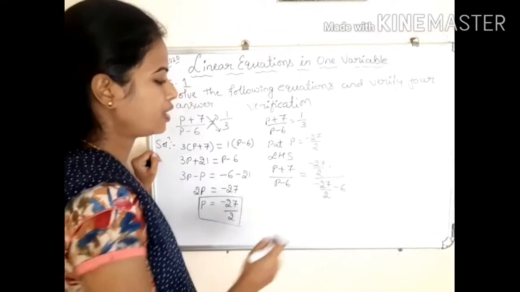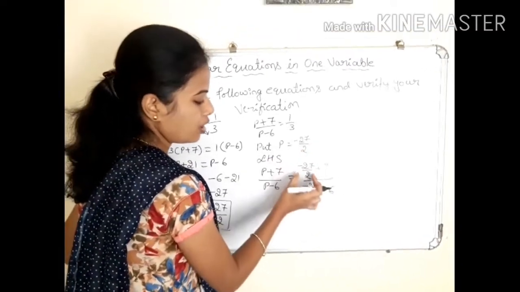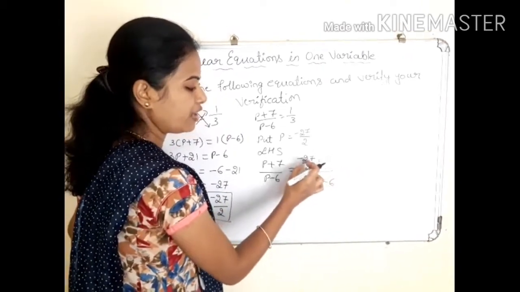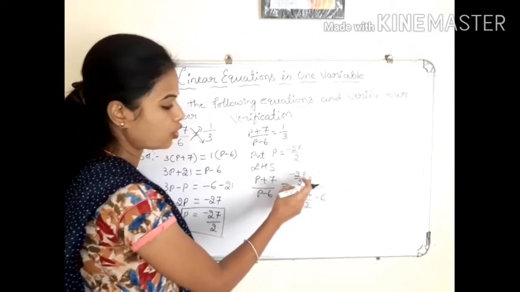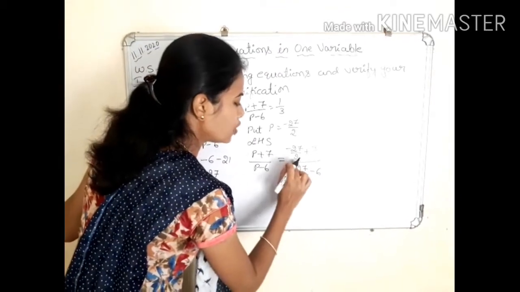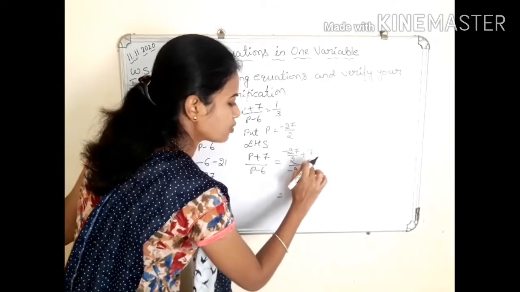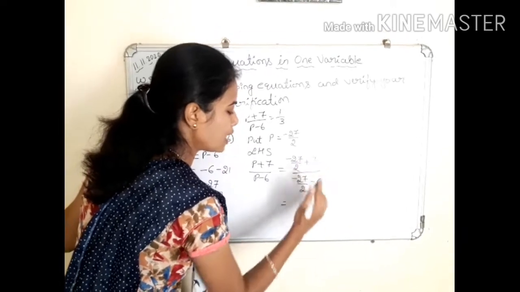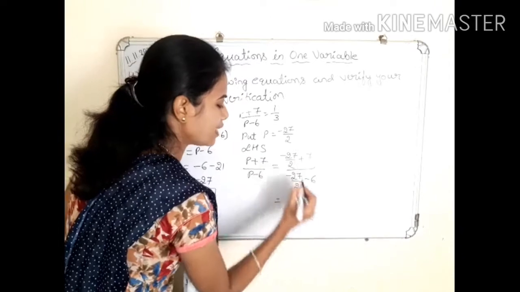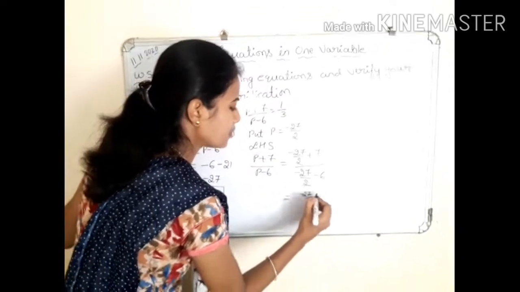The next step, in the numerator, one is a rational number and another is a whole number. Here we can't add directly, so we have to go for LCM. Here LCM is 2, because where there is no denominator it means 1. 7 by 1, 1 and 2 LCM is 2. Write down 2 as LCM. Minus 27 write as it is.